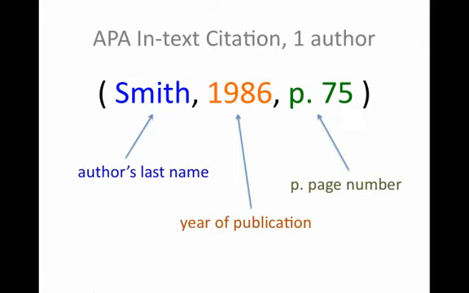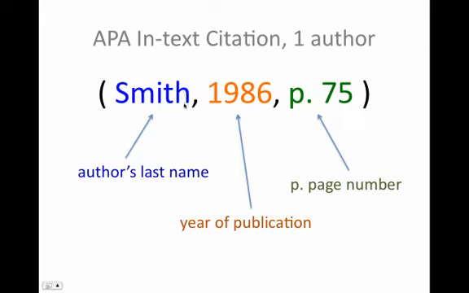APA, since it's used primarily in the social sciences, is the citation system used in psychology, most definitely. Because it is social sciences, when your source was written, how old it is, how recent it is, is very important. So you'll notice that your citation gets a little bit longer in APA. I still have the author's last name, that's still how I start.